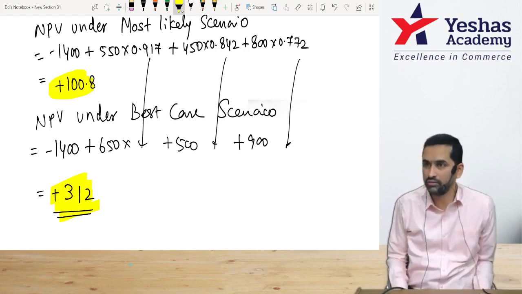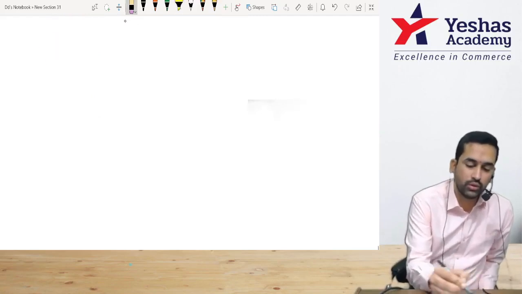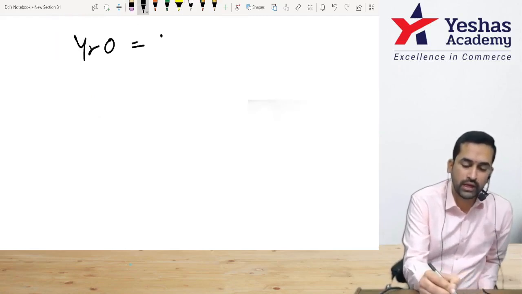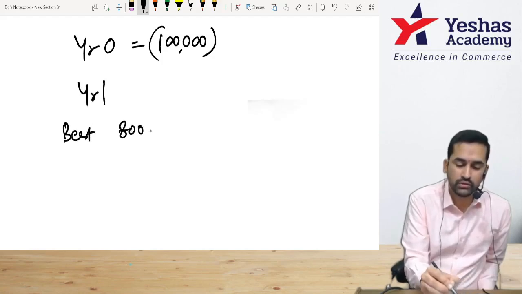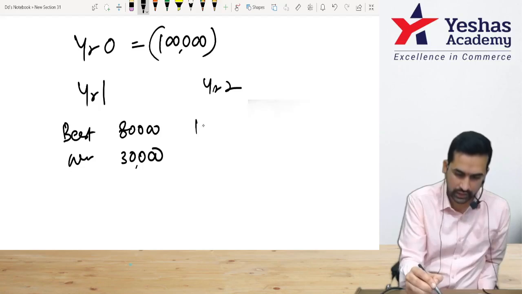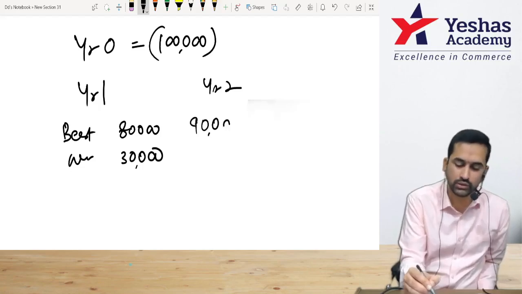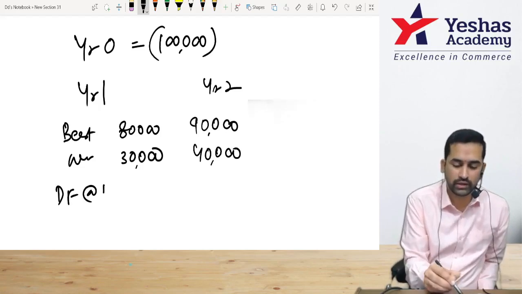They may give, I'll just draft a question, just follow this. Year 0, say 1 lakh rupee cash outflow. Year 1, best case 80,000, worst case 30,000. Year 2, best case, say 1 lakh, or I'll take 90,000, and this is 40,000. Assume discounting factor at 10%.